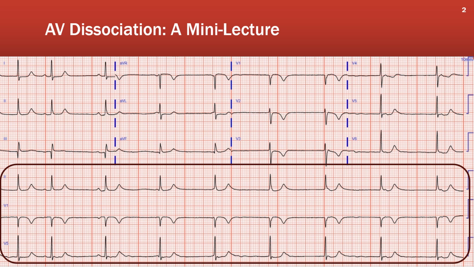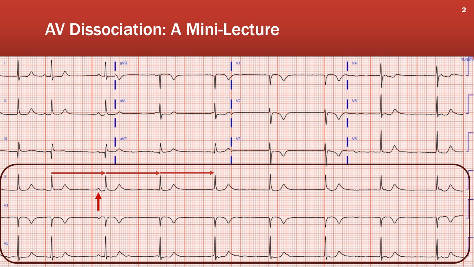But there's a problem. The RR intervals surrounding that PR interval are exactly the same as the rest of the RR intervals making up the junctional rhythm, which demonstrate AV dissociation. The second P wave did not conduct, even though the PR interval is the same as the previous P wave, which did conduct.